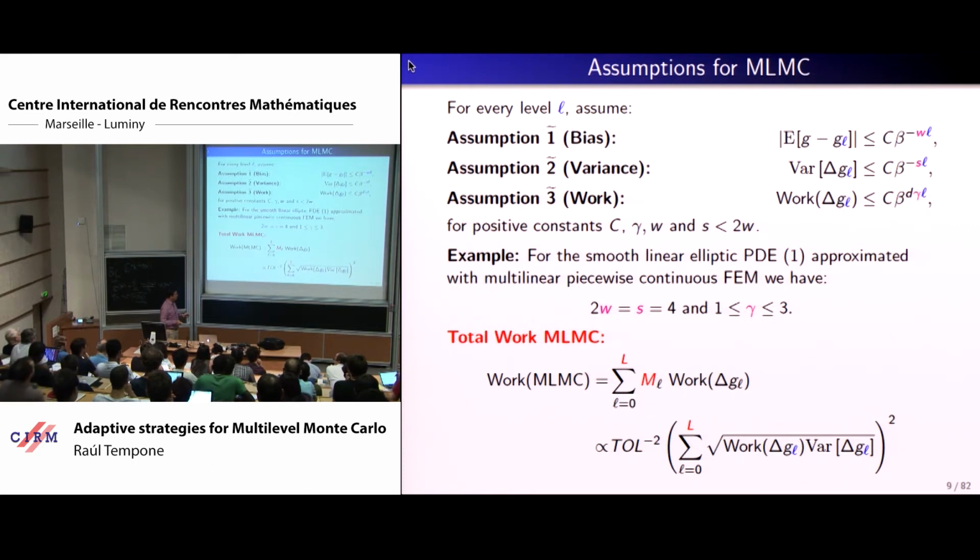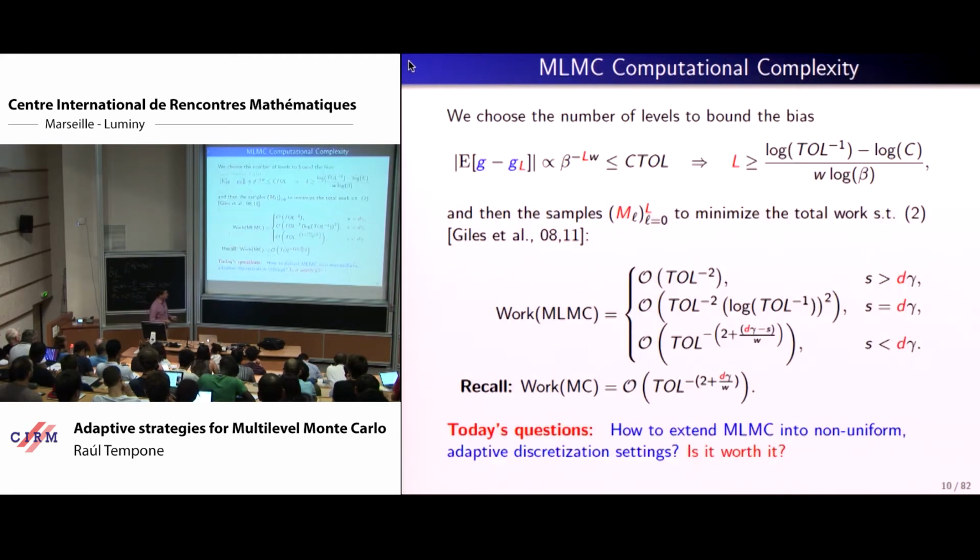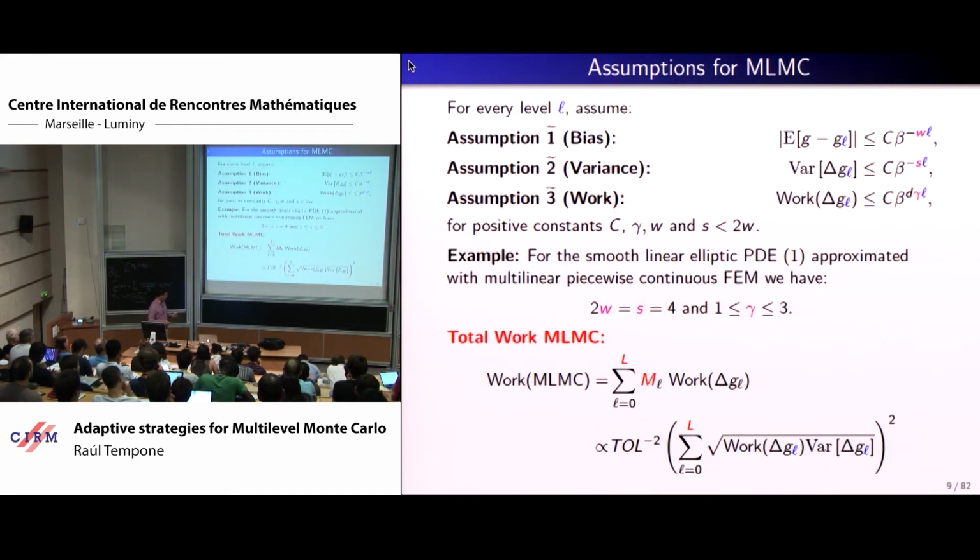So this is going to infinity as tol goes to 0. So this sum can only do two things: either stay bounded as tol goes to 0, or diverge. If it is divergent, it's because this work is somehow growing faster than what the variance is being able to converge, right?